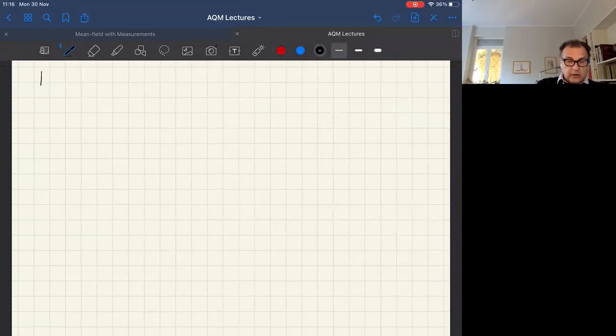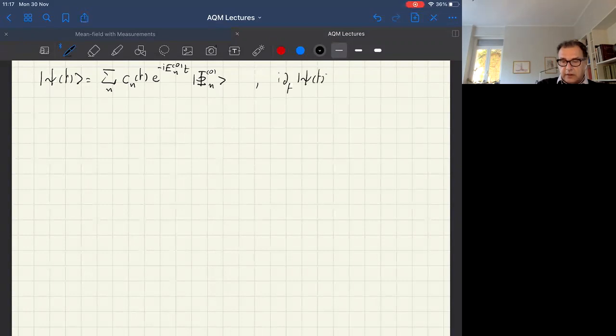I just rewrote psi of t is equal to the sum over n of Cn of t with the exponential of minus i E0n of t phi 0 of n, and I remind you that the equation that we have to solve is this one: i d/dt psi of t is equal to H0 plus lambda V of t psi of t.